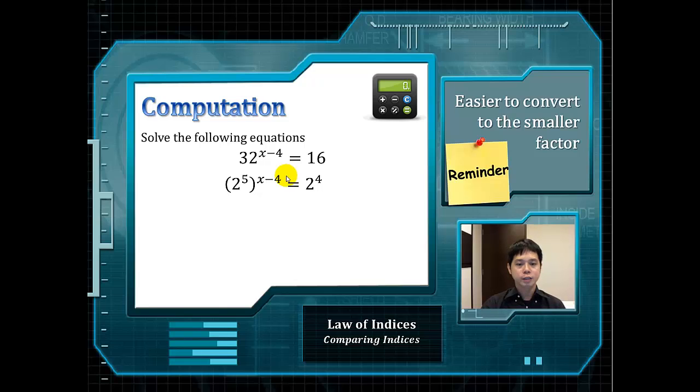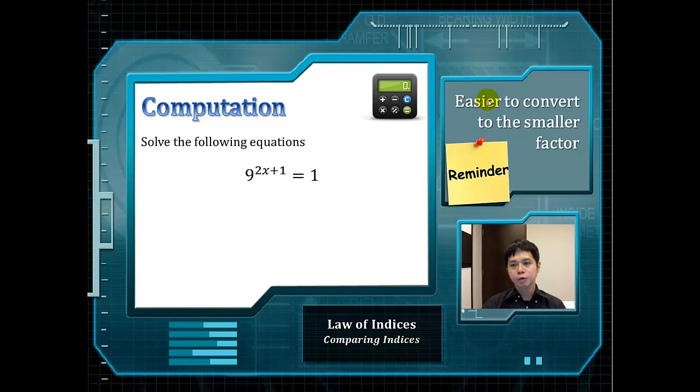Using the law of indices for the left hand side, we will have 2 to the power of 5x minus 20, and on the right hand side we have 2 to the power of 4. Since the bases are now the same, we shall compare the indices. Therefore, 5x minus 20 equals 4, 5x equals 24 and x is equal to 4.8.